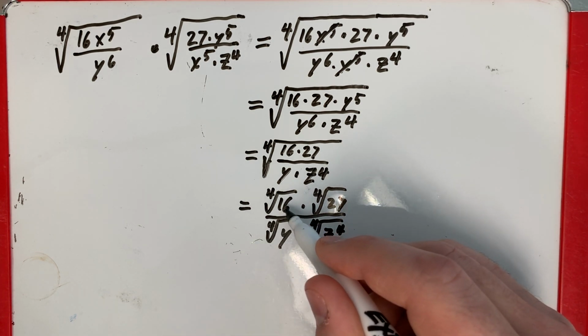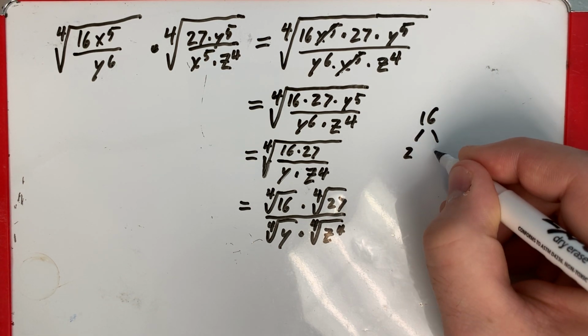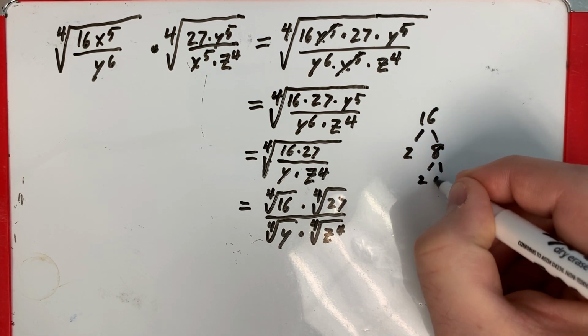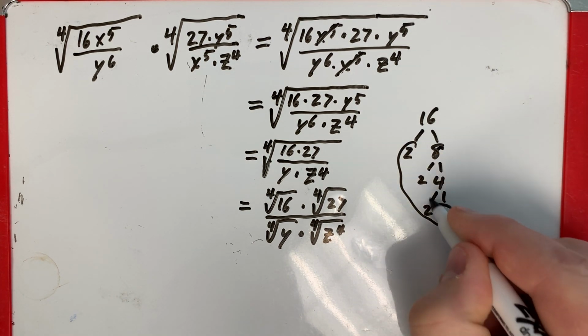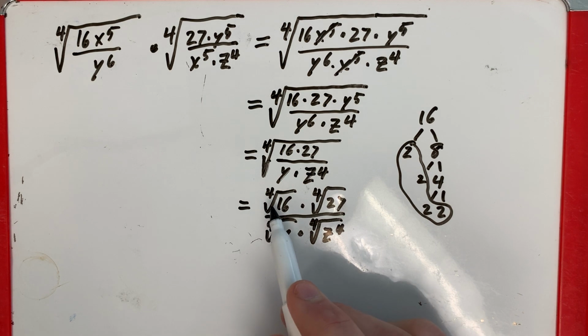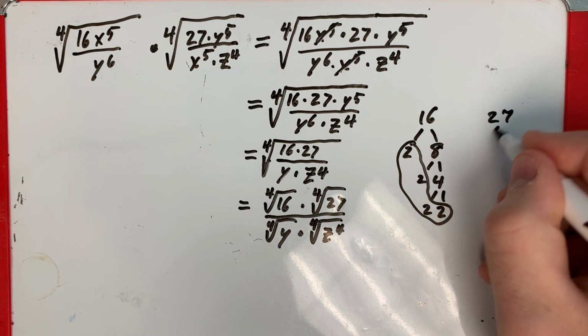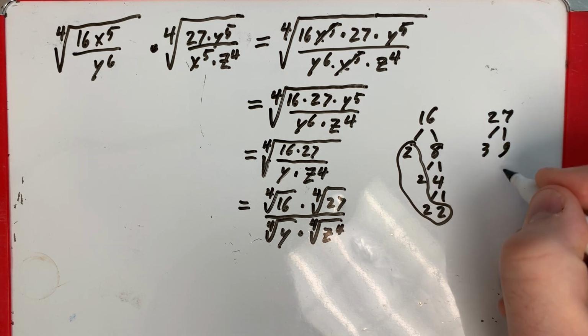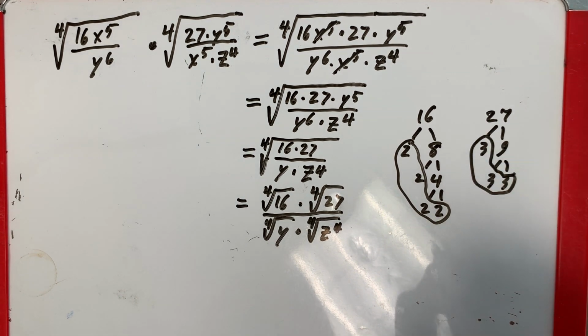And then 16, how does that break down? Factor tree. So that gives me 2 times 8, 8 is 2 times 4, and 4 is 2 times 2. So I have a cluster of 4 2's, and that's great because I have a fourth root. Let's look at 27. 27 breaks down into 3 times 9, and 9 breaks down into 3 times 3. So I only have 3 of those.